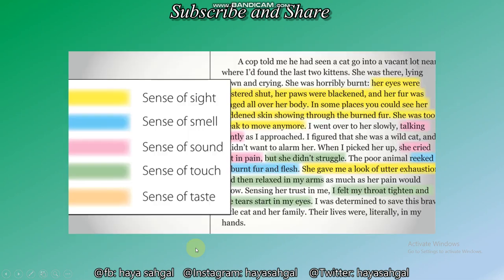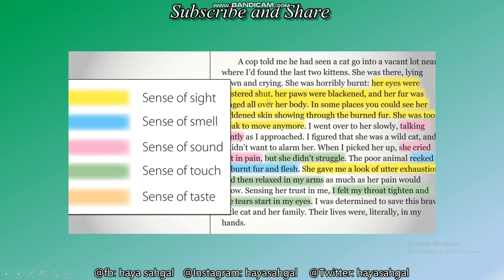Now you understand it. So I have an example of a descriptive essay. Let's see what they have done and what they have used over here. They have used sense of sight somewhere, smell, sound, touch and taste and other descriptive properties. Let's see. I will start from here because that one is the highlighted part. She was horribly burnt.